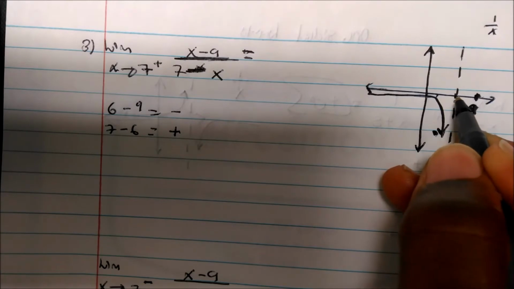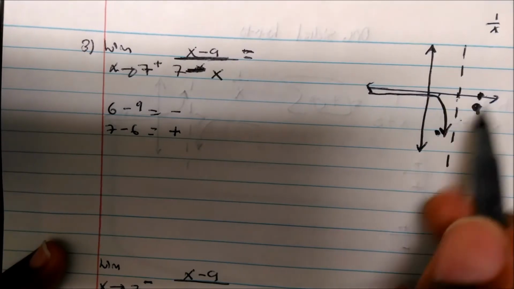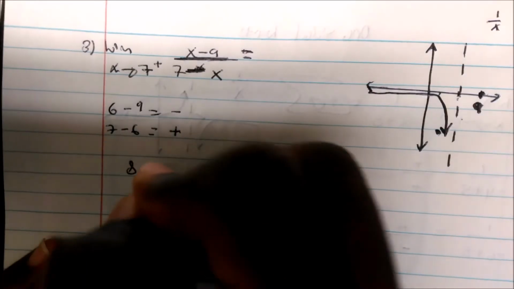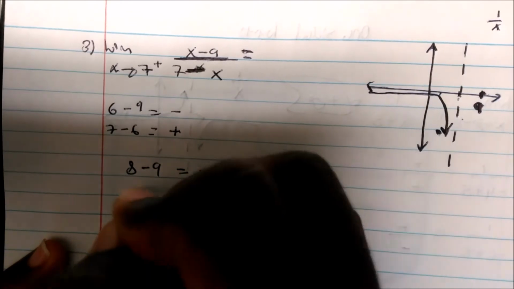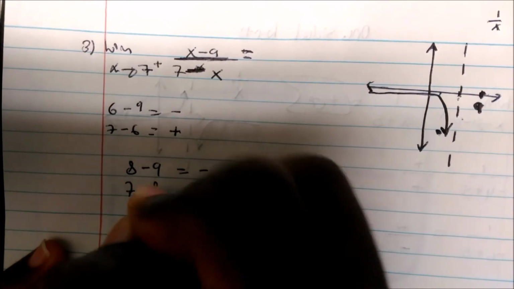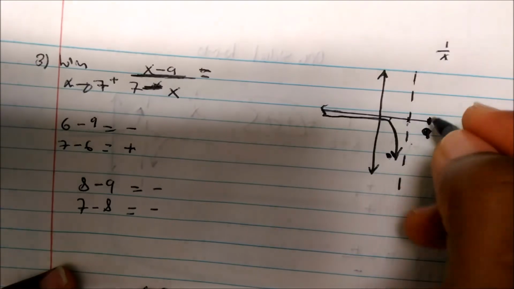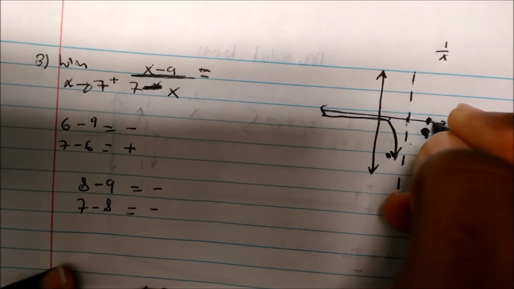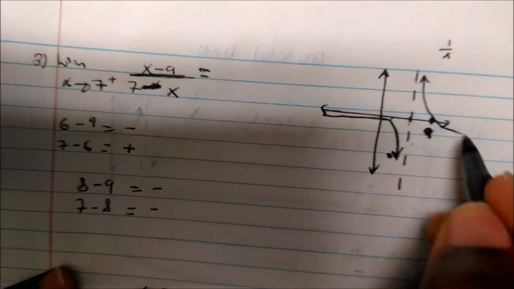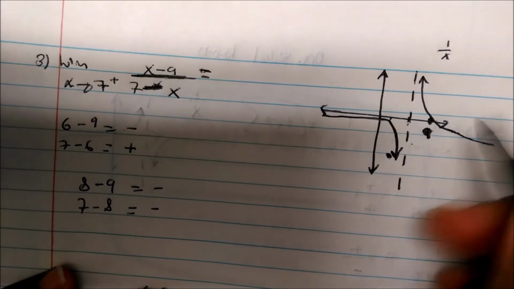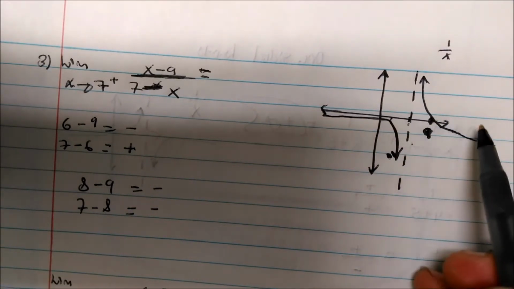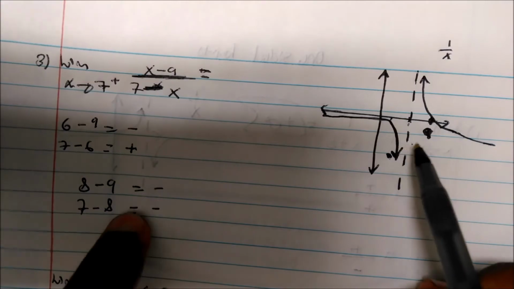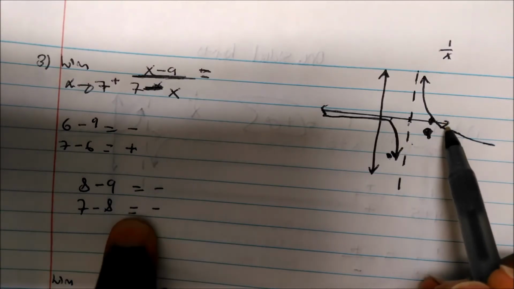This is 7. Let's plug in 8, since it's between. So 8 minus 9 is a negative number. 7 minus 8 is a negative number. So the graph is actually positive. And so it would be negative over here. If we had plugged in, say, 10, we would have gotten a negative number instead.